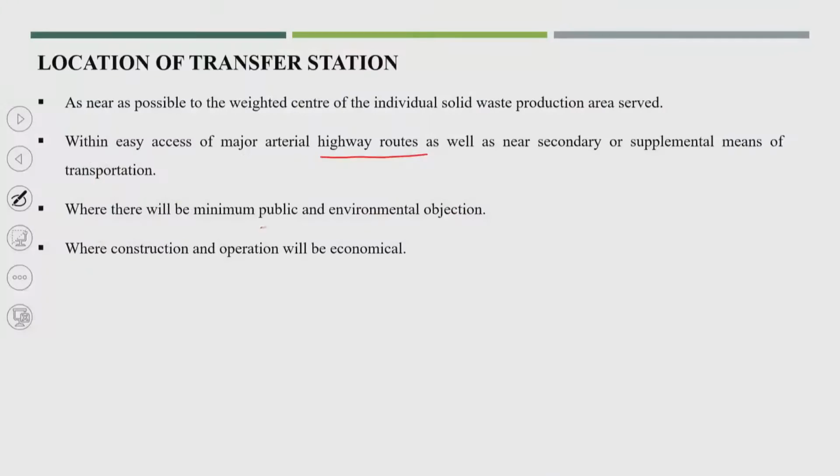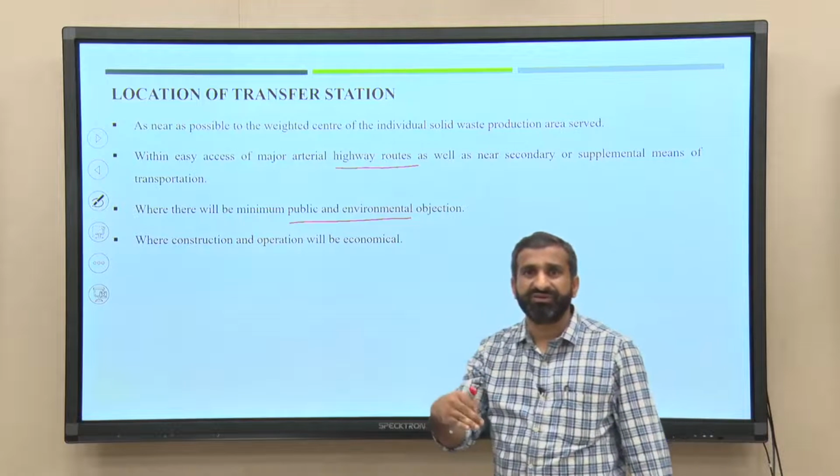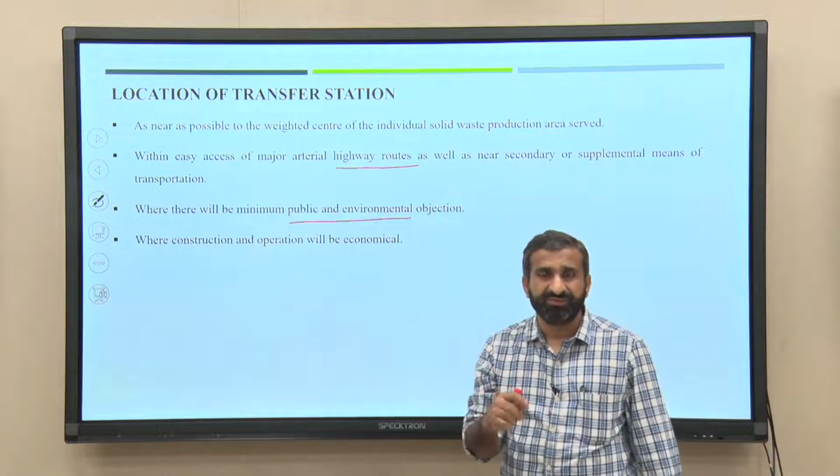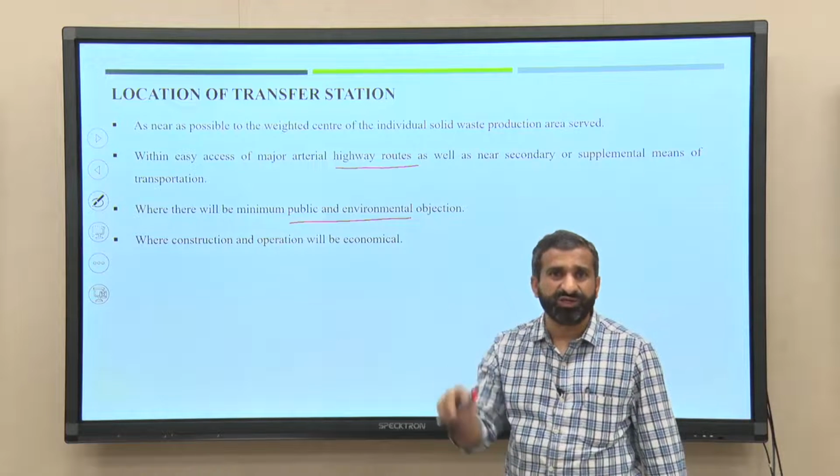I think this is a very important one. There will always be public objection, but I think it again depends upon how best we can operate. I already proposed that we should have the third type of transfer station, a combination of direct load and storage load.